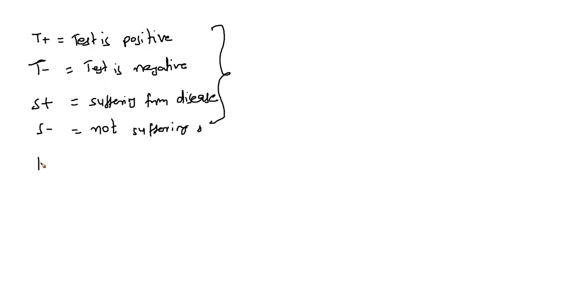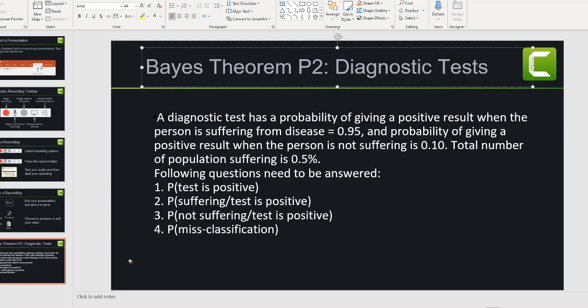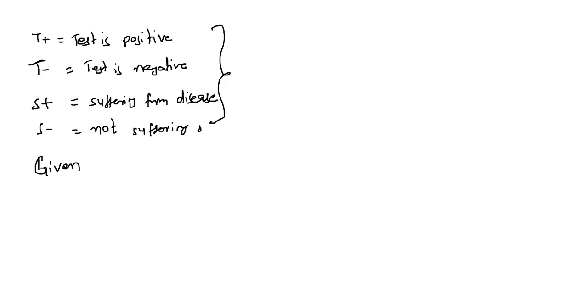So what is given to us? If you forgot the problem, let's look at this again. What we are given is the probabilities 0.95, 0.10, and 0.005. These are given, and then let's put them in terms of the symbols.